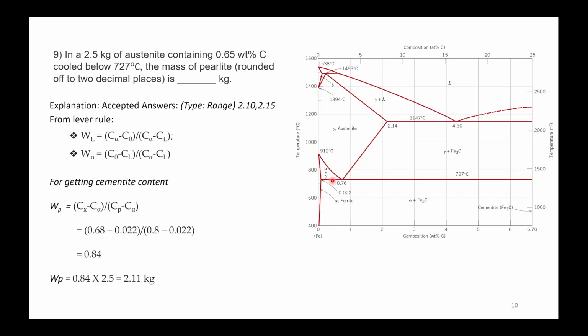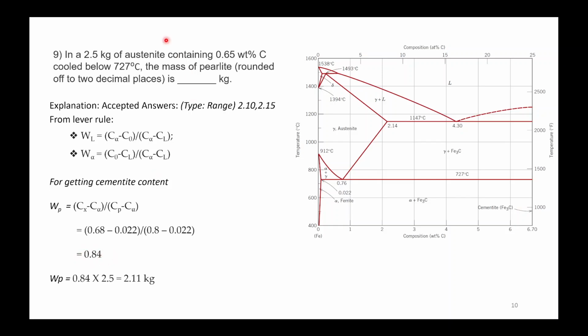So for getting the percentage of pearlite, you'll be taking 0.65 minus 0.022, divided by the entire length, that is 0.8 minus 0.022. Then you'll be getting a mass fraction of 0.84. Now this is the mass fraction of your pearlite.